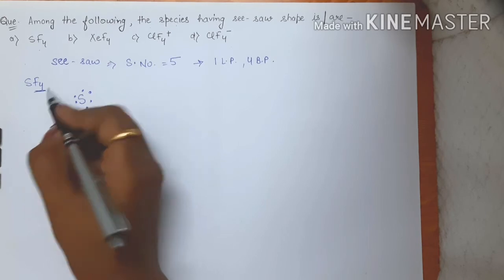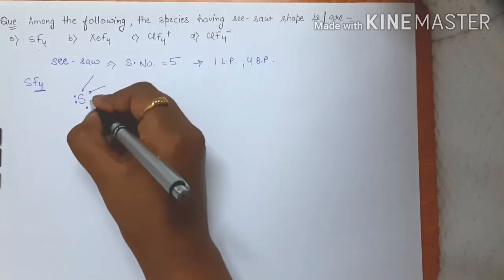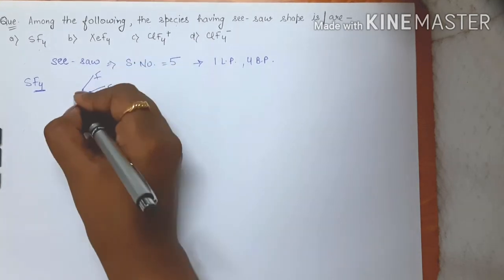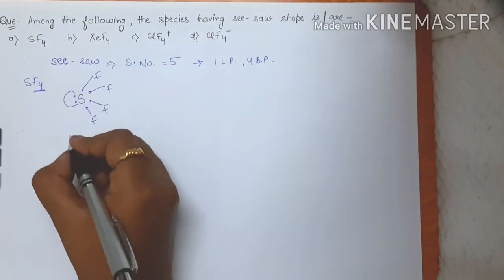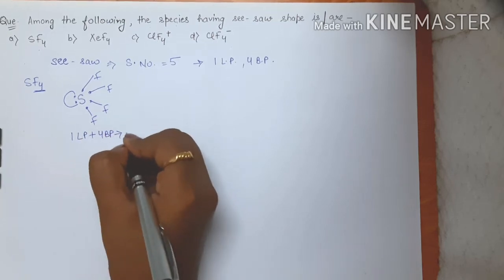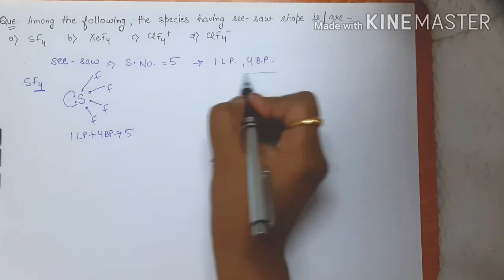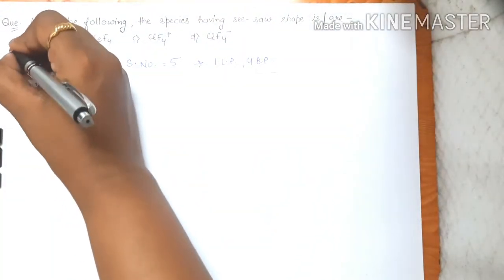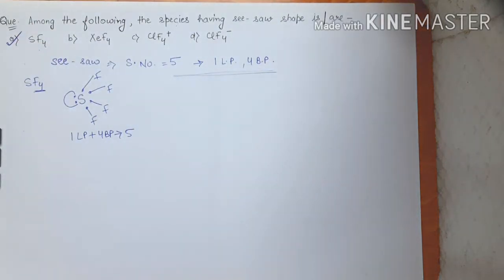Fluorine is univalent, so it will be attached like this. So SF4 will be having 1 lone pair plus 4 bond pair, giving you steric number of 5, which is satisfying this condition. So definitely SF4 is going to be of seesaw shape.